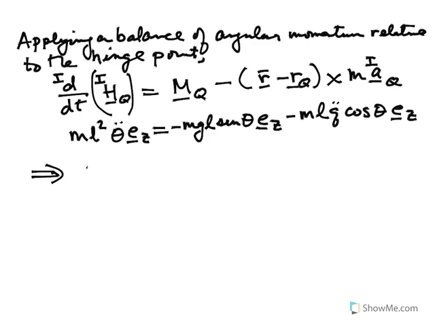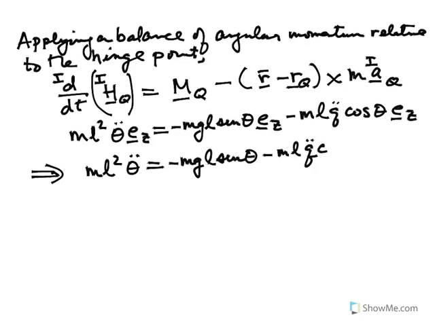So therefore, the differential equation becomes ML² θ double dot is equal to minus MGL times the sine of θ minus ML Q double dot times the cosine of θ. And this is the differential equation.